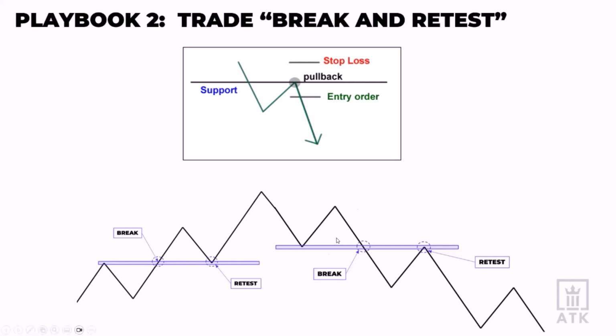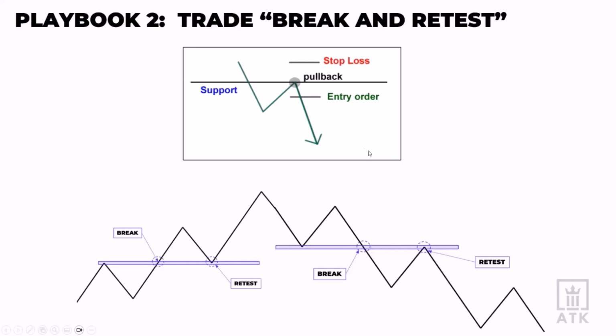If it's going down, it creates that lower high, that support comes up, and then it breaks that old support, and that old support now becomes resistance. So when it becomes resistance, that's the retest of the old support, looking left, and we could take that to the downside.